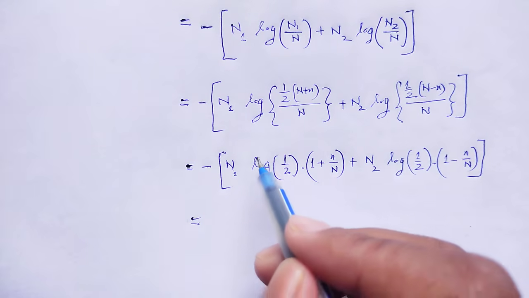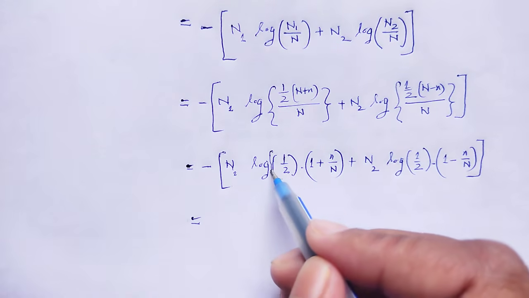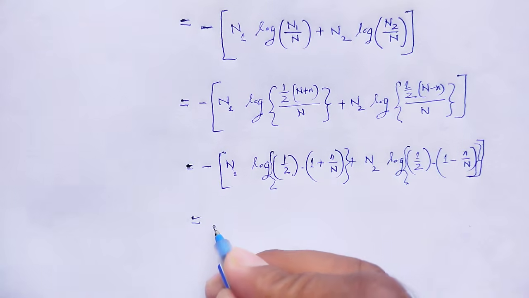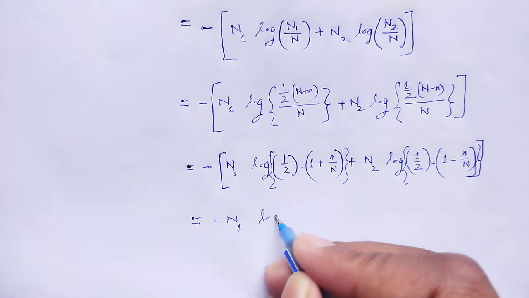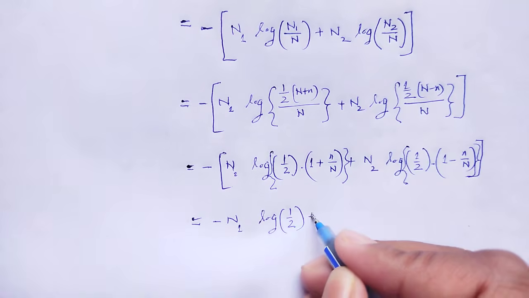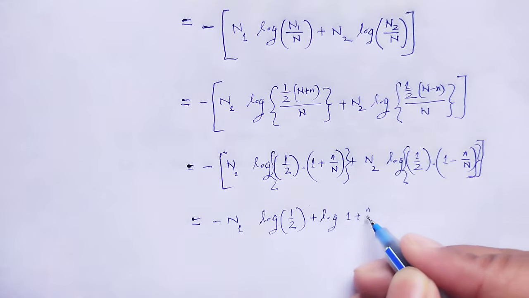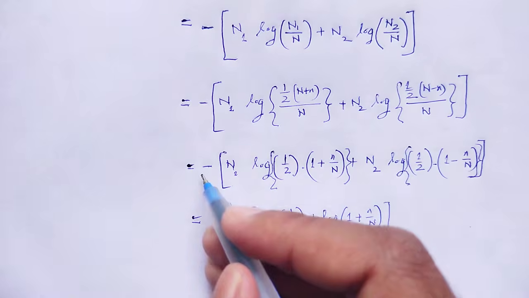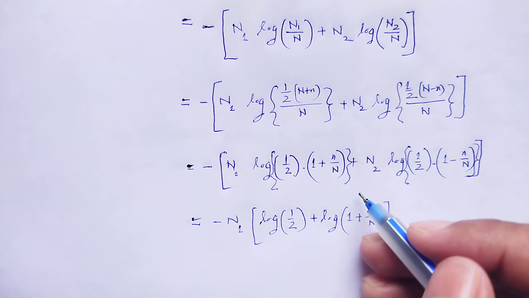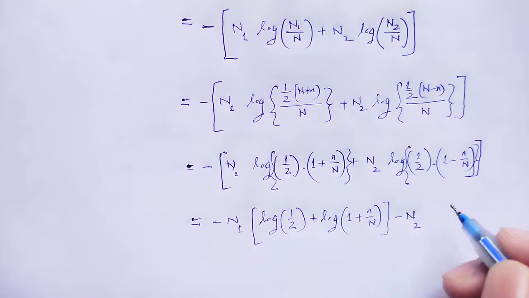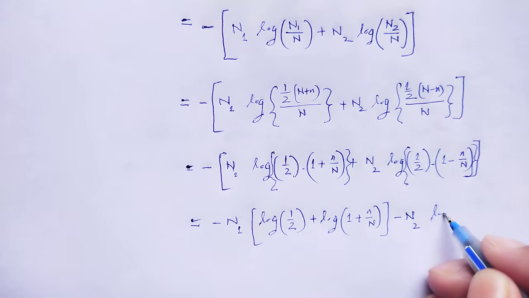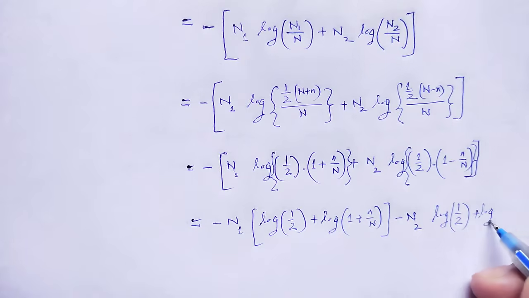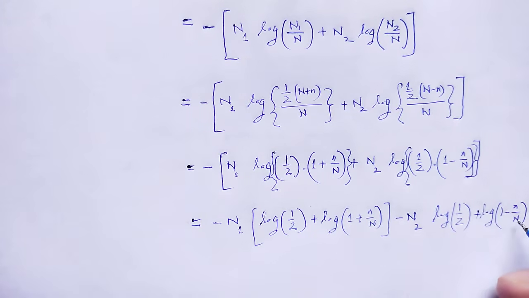Log AB can be expanded as log A plus log B. Minus n1 here log A plus log B, that minus is multiplied, so it will be minus into log A into B, log A plus log B, 1 minus by n.